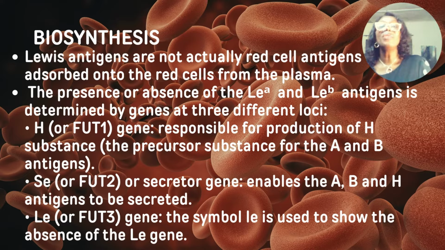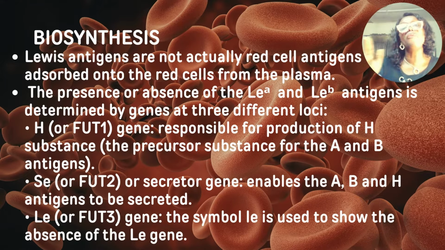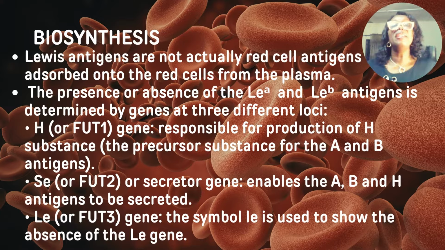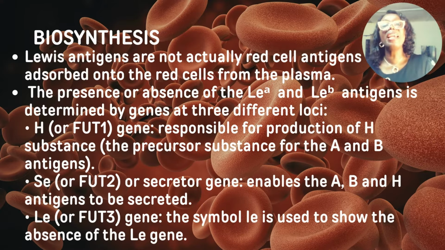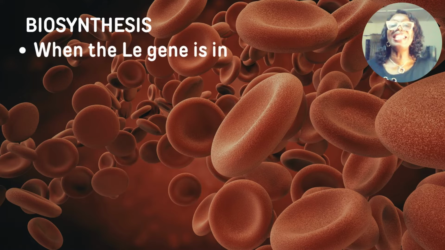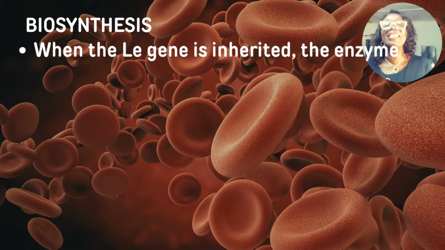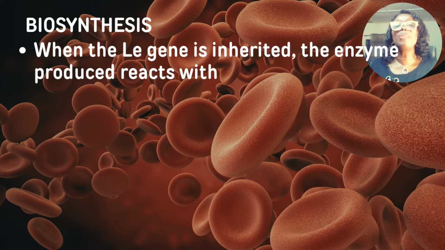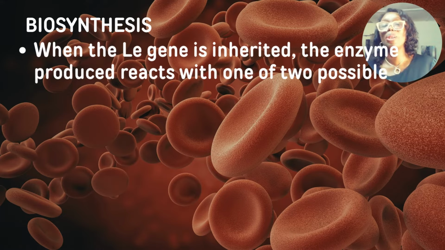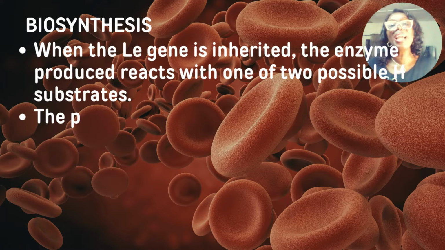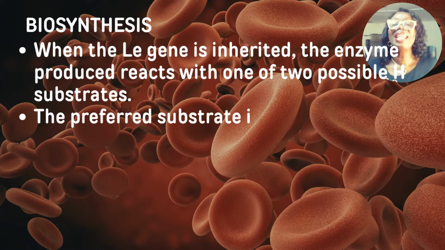And then you should also have the functional FUT2 gene, that is the SE gene, the gene responsible for the production of A, B, and H substance in the secretions, that is the body fluids. And then you should have a functional Lewis gene, that is the FUT3 gene. When you inherit the LE gene, the enzyme that is produced reacts with one of the two possible substrates. But the preferred substrate is the secreted H substance.